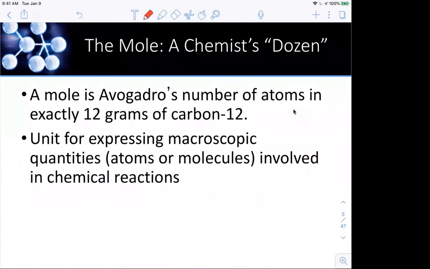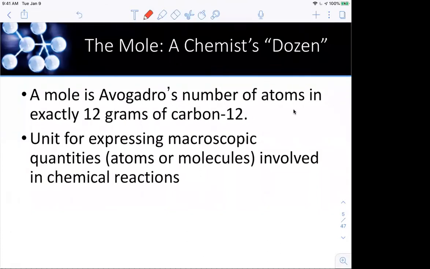Now, like everything else, the mole actually has a standard, just like we talked about with different types of measuring devices or measuring units. So the mole is actually calculated by experimentally determining the number of atoms in exactly 12 grams of carbon-12, so the specific isotope, carbon-12.